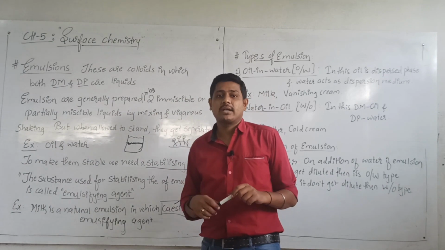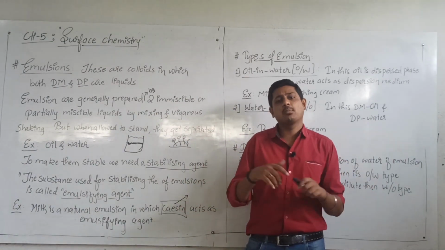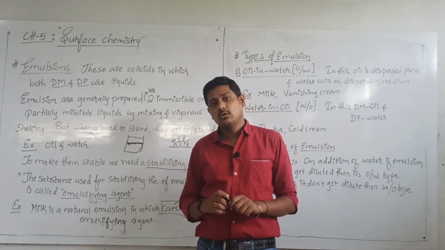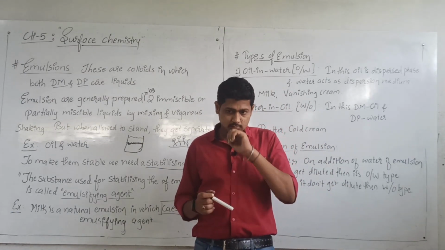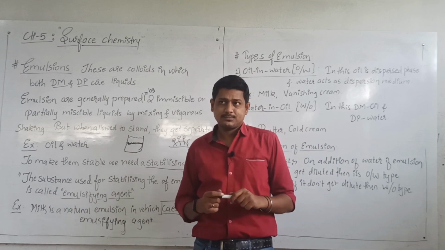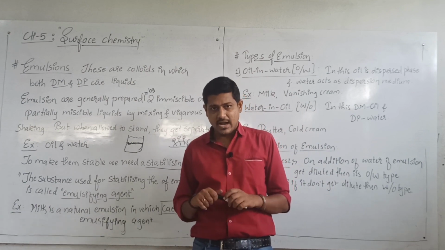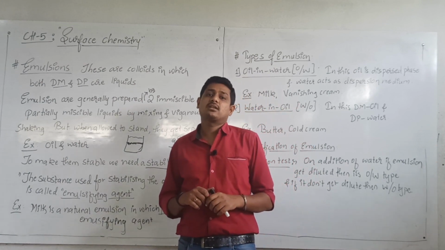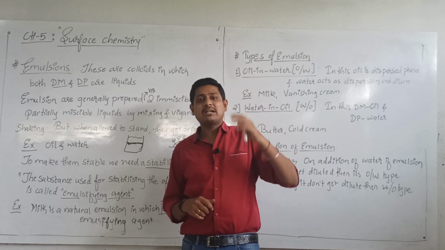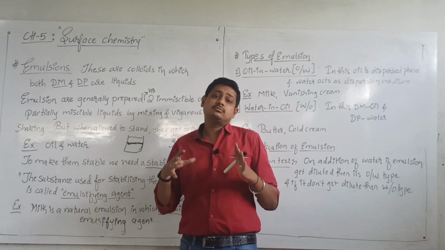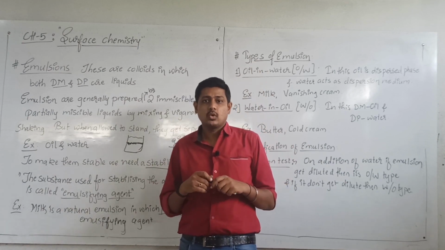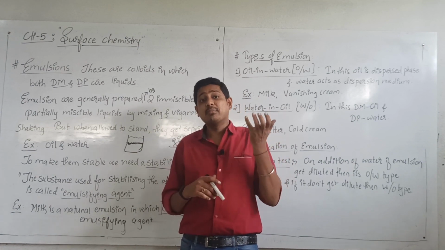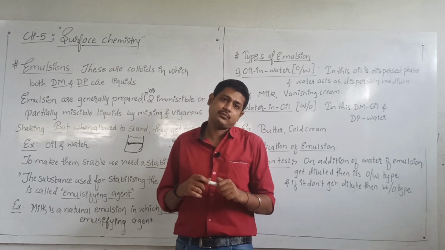What is meant by colloids around us? We are surrounded by so many colloids. For example, the sky appears to be blue. Why does it appear blue? Because we have studied the Tyndall effect, and in the Tyndall effect we said that colloidal particles have the ability to scatter light. In the open atmosphere, some dust particles are present which scatter the sunlight, and when the sunlight is scattered, the minimum wavelength is the blue color.